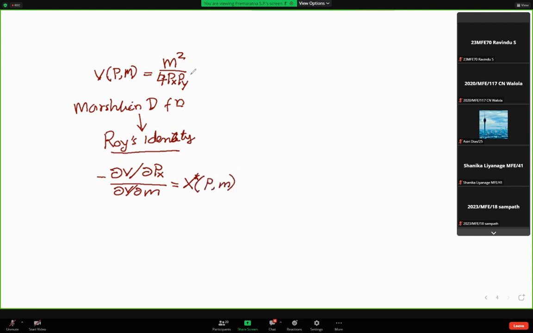You already have this indirect utility function, so do this differentiation and you get the answer: m divided by 2px.